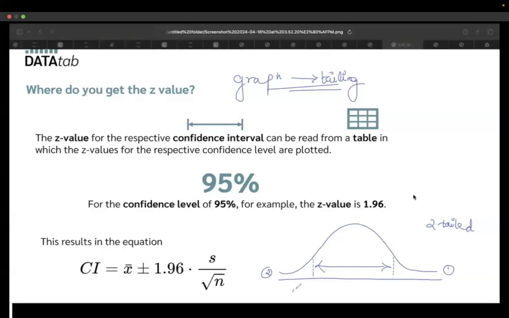So x bar minus 1.96 s root over n is for the negative end. X bar plus 1.96 s root over n is for the positive side. Okay, this is going to be the one range entry, minimum and maximum.